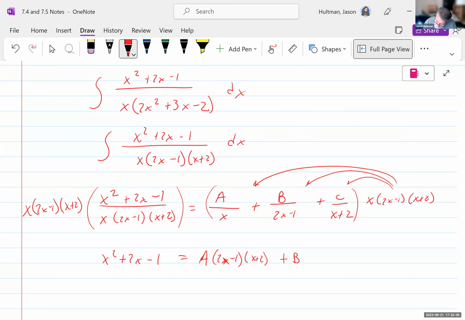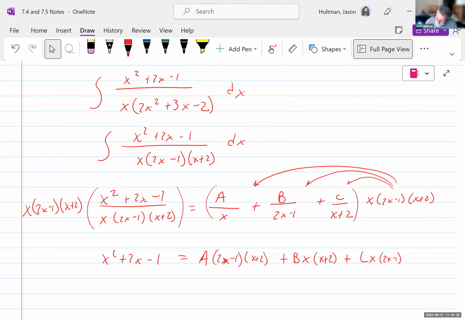For b, x will survive, but 2x minus 1 will not. And so we're just left with b times x times x plus 2. And then for c, an x will survive and a 2x minus 1 will survive, and the x plus 2 will not. It will cancel out.